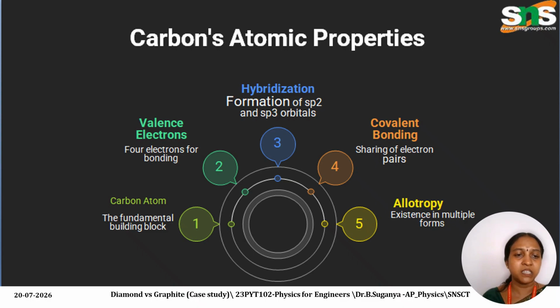Each carbon atom is bonded to four neighboring carbon atoms in a tetrahedral arrangement. This creates a rigid, three-dimensional lattice. Because the bonds are very strong in every direction, diamond is extremely hard and difficult to deform. So diamond is a very hard and strong material.